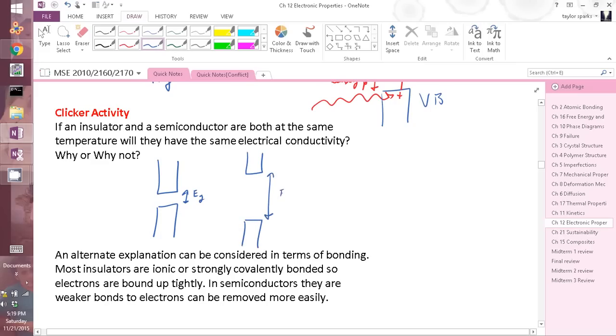EG is much larger. Therefore, the number of holes created by promoting electrons up might be quite large in the semiconductor, but in our insulator, you might only get a relatively small number, right? Because there's a bigger energy difference. Therefore, at the same temperature, you're going to get a much higher conductivity in your semiconductor than your insulator because you promote fewer carriers in the insulator.